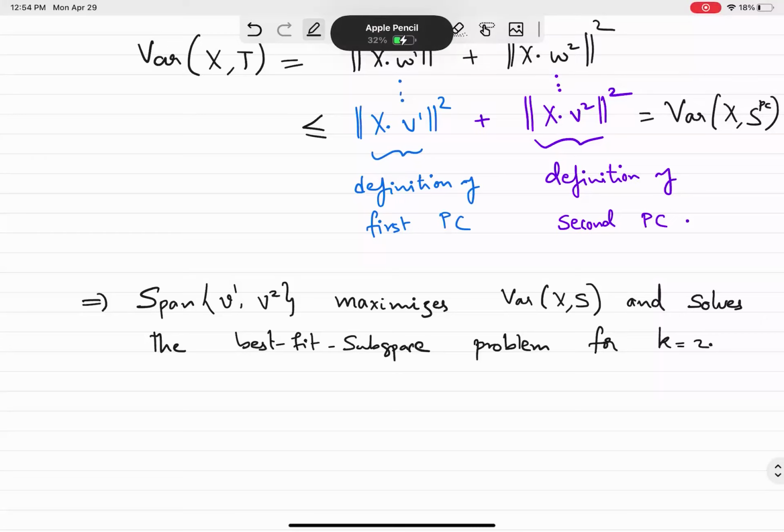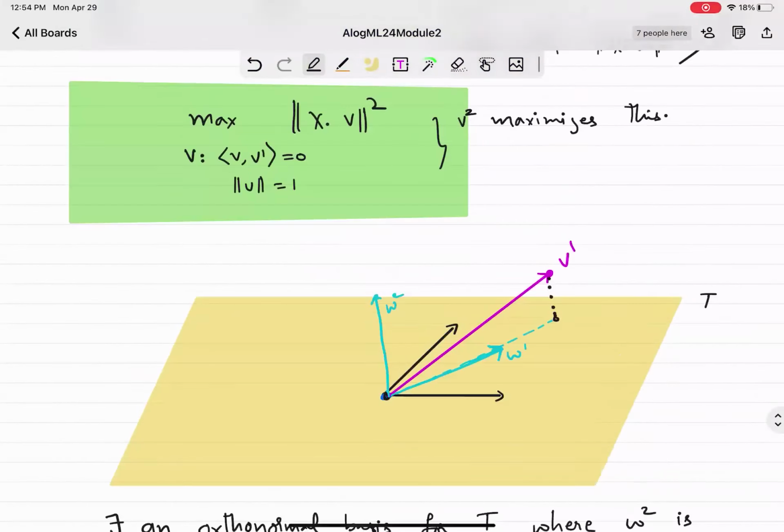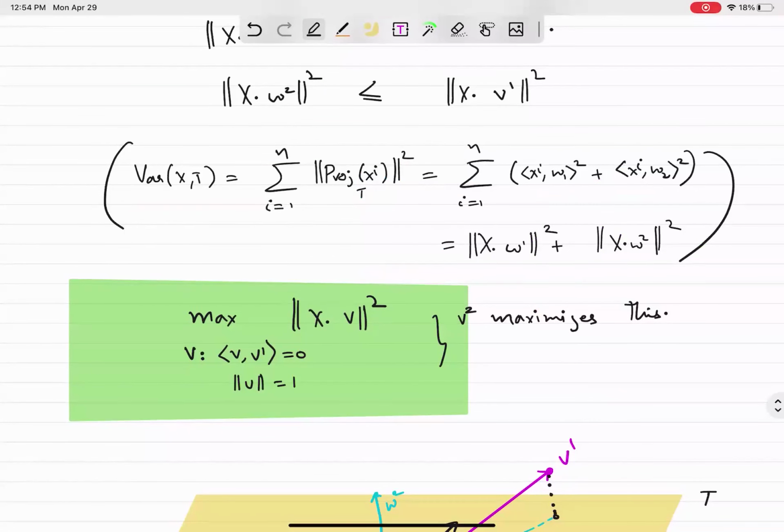So why does it matter, W2 and V1? Because remember, in the definition of V2, it only maximizes this inner product in this space. It's the largest one only when you're constrained to look at things which are perpendicular to V1.